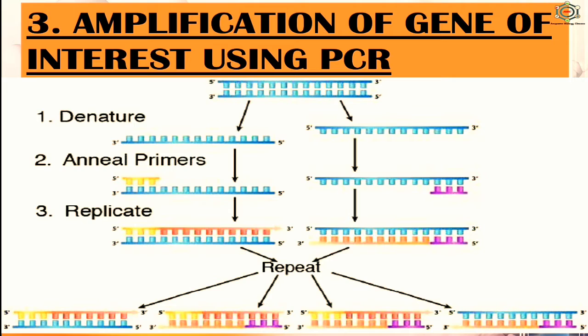Heating results in the separation of the two strands of DNA. Each of the two strands of the target DNA now acts as a template for synthesis of a new DNA strand. This step is called denaturation. Denaturation is the separation of the two strands of DNA by breakdown of hydrogen bonds on heating, which you can see in the picture.